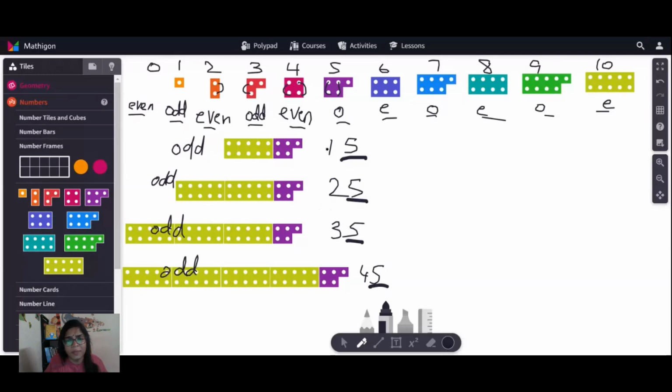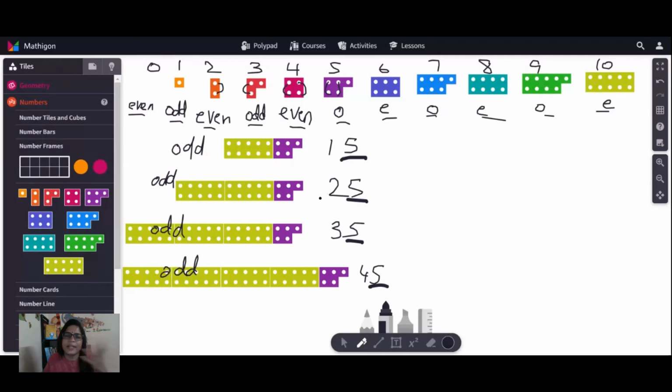Now, whatever be in the tens place, let it be 1 or let it be 2, let it be 3, let it be 4, whatever be in the tens place, still this thing is becoming an odd number just because of the last thing, that is the digit in the ones place, and that 5, right?